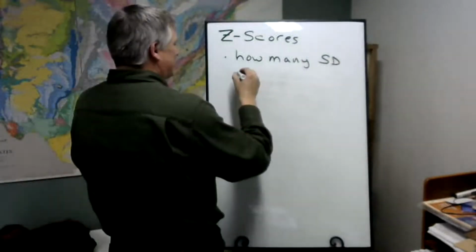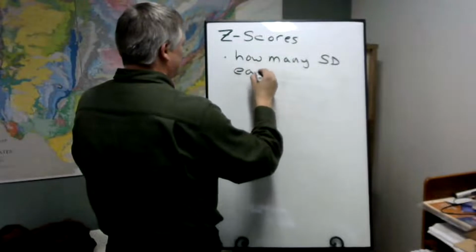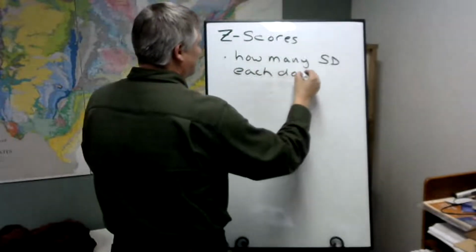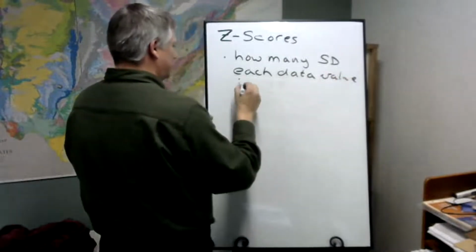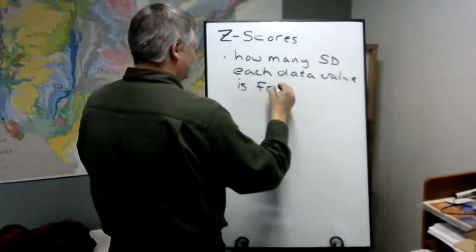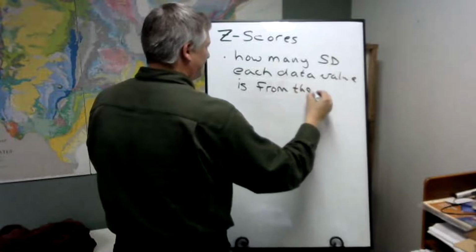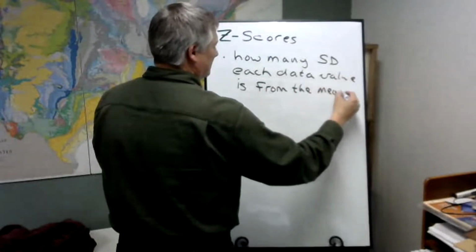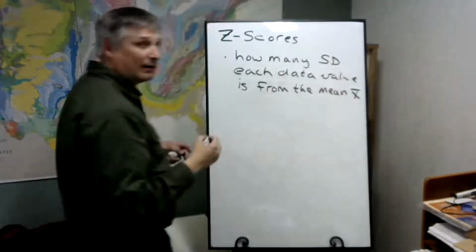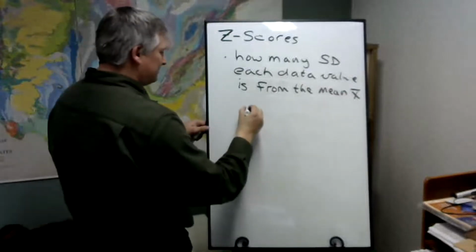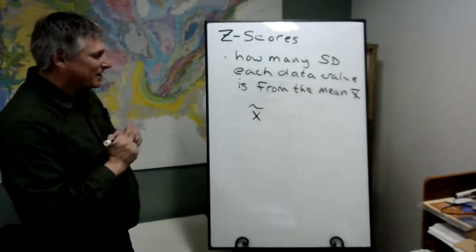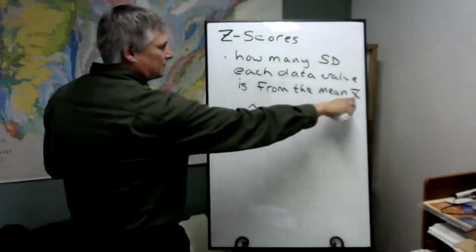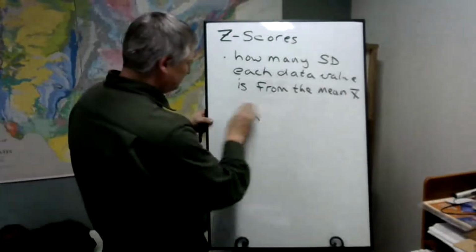So how many standard deviations is each data value from the mean? And again, the mean we call x bar. Remember, the median we gave a little curly mark; that's going to be our median. This is our mean, x bar.